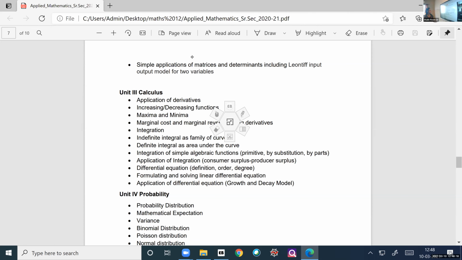You have integration of simple algebraic functions by substitution. Primitive means that simple method, direct method. And one more method we have to learn, that is integration by parts.